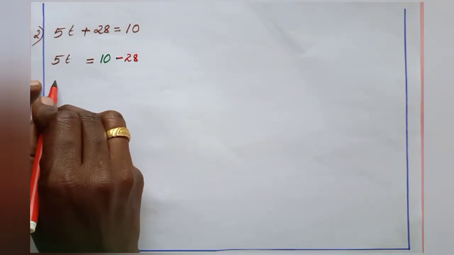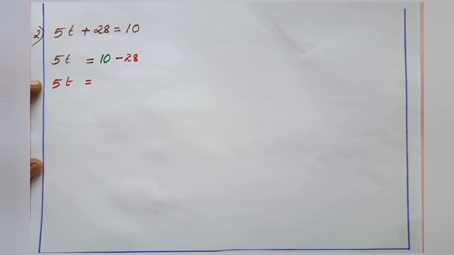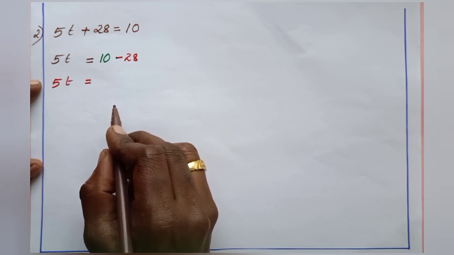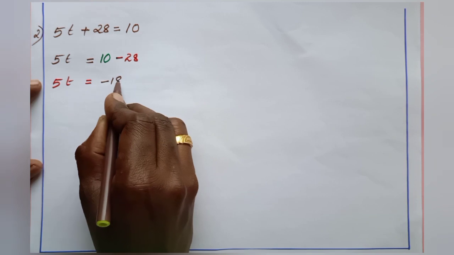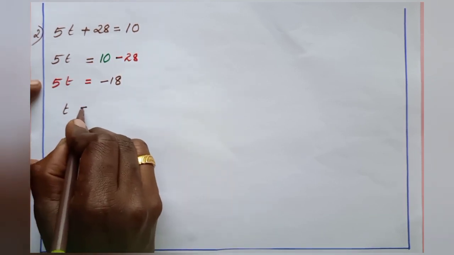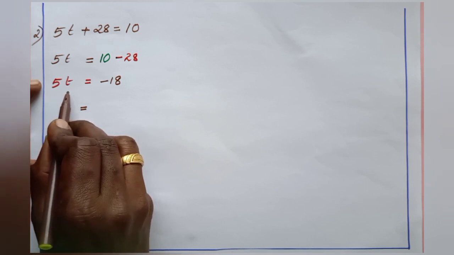Okay, so then do the calculation. 5t equal to 10 minus 28. Subtract the smaller from the bigger, then put the sign of the bigger number. We get minus 18. Then 5t means 5 into t.